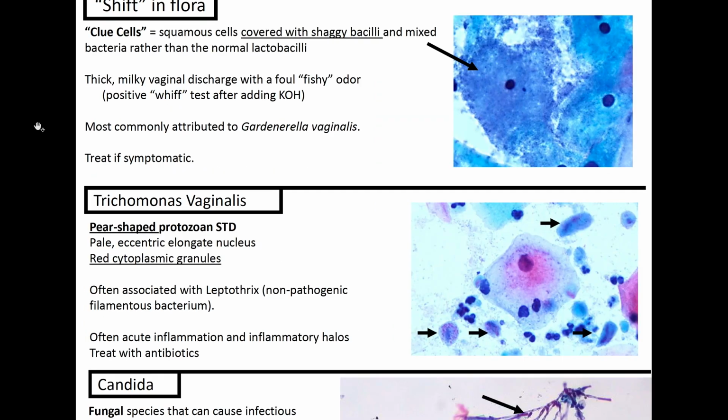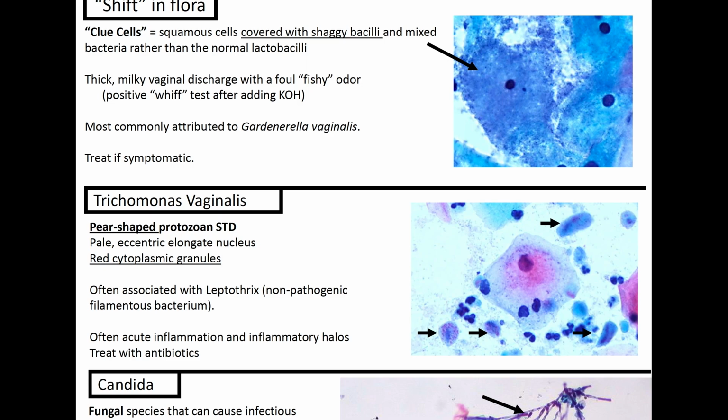So you can have a shift in flora. And when that occurs, we have the classic clue cells, which are squamous cells covered with shaggy bacilli and mixed bacteria rather than the normal lactobacilli. Lactobacilli is what primarily composes the normal flora in the vaginal tract.